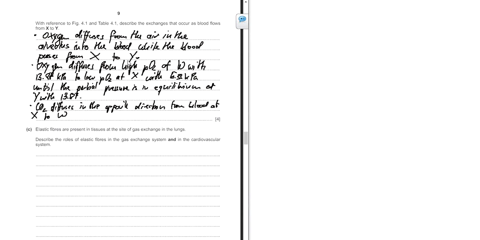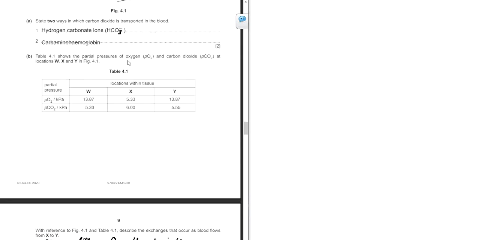Elastic fibers are present in tissues at the site of gas exchange in the lungs. Describe the roles of elastic fibers in the gas exchange system and in the cardiovascular system. So we have elastic fibers, as it says here, at the site of gas exchange, which means in the alveolar wall, as we can see in the figure here.